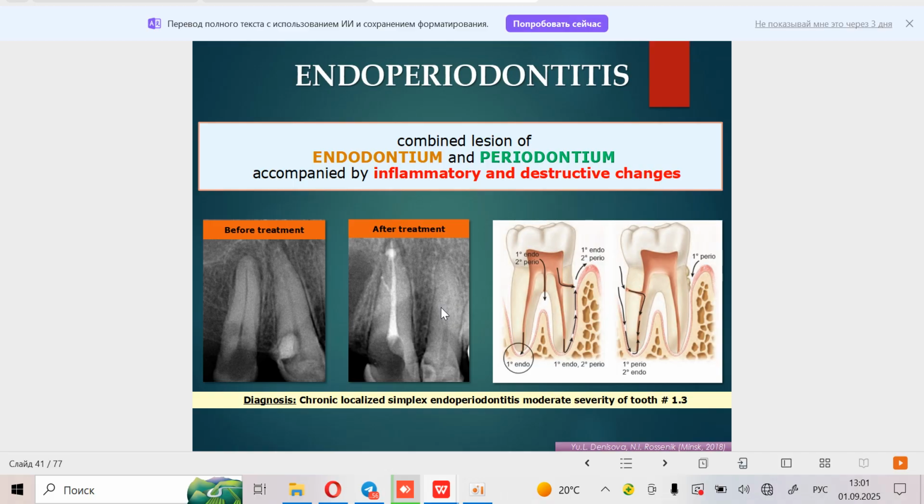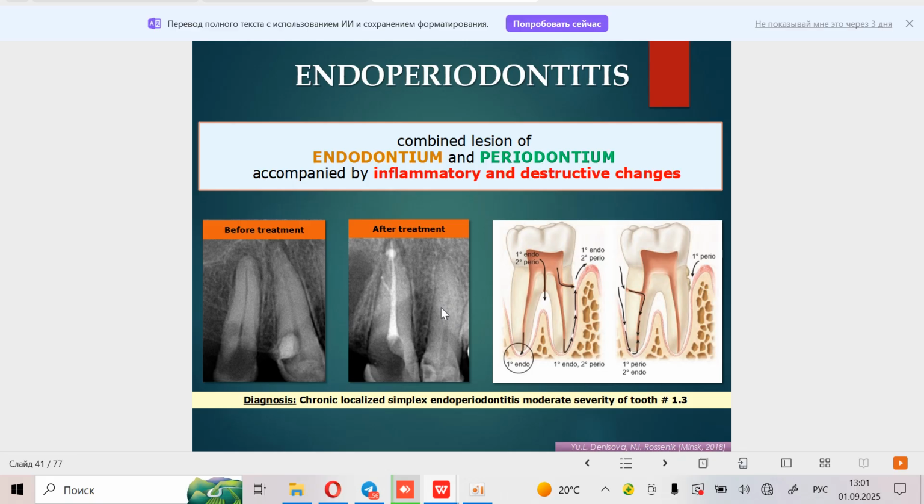I will show you how to determine prognostic criteria using the example of prognosis of endoperiodontitis. Endoperiodontitis is difficult to treat, so you need to predict its development at the beginning and plan the right stages of treatment. This is a combined lesion of endodontium and periodontium associated with inflammation and destructive changes.